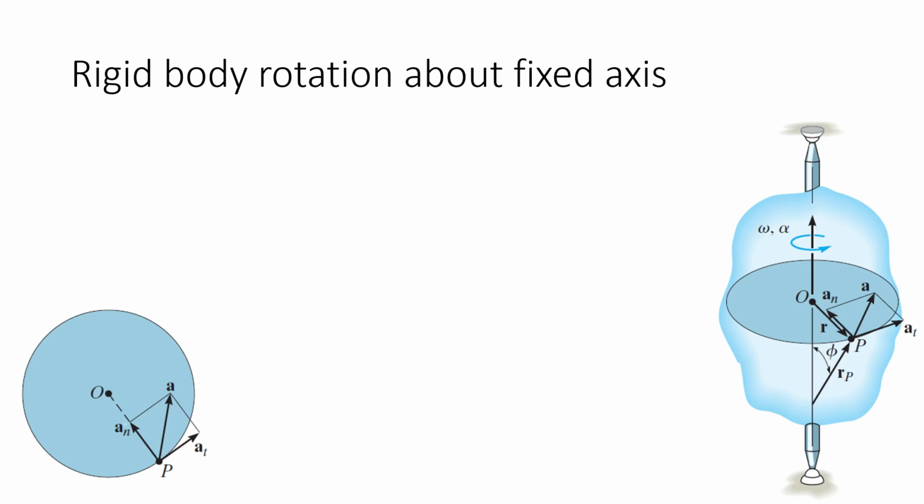Similar to circular motion, we have the normal acceleration and the tangential acceleration. For these also I will just write the formulas, as there is no time to derive them again.